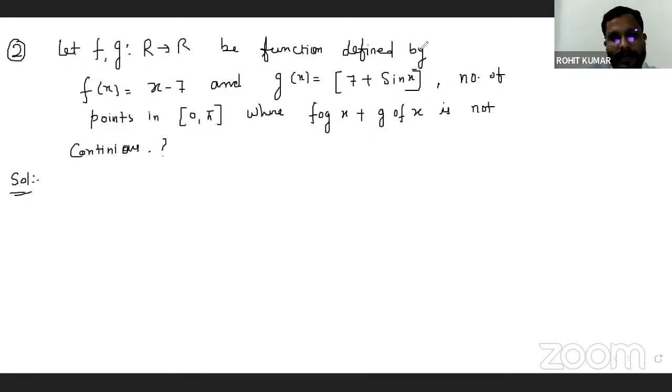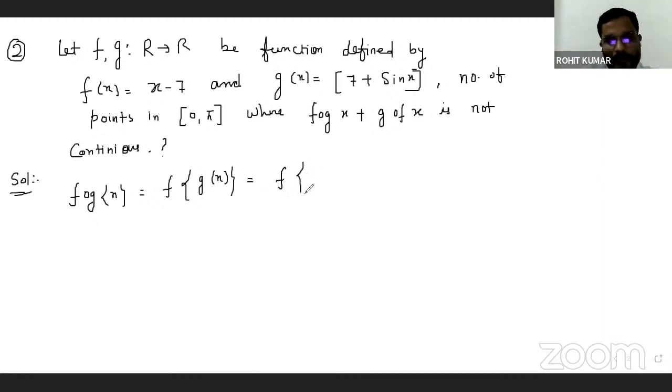so let's try to find fog(x). fog is nothing but f(g(x)). When we calculate this, f(g(x)) becomes the greatest integer function of 7 plus sin x, minus 7.